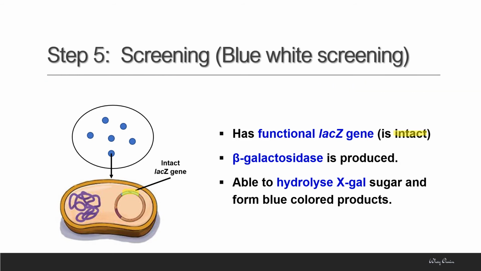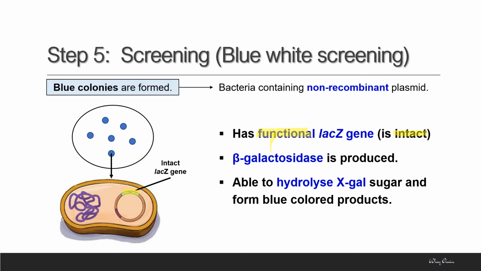So, the Z gene, we say it is functional because it can still undergo the process of transcription to produce the mRNA, and the mRNA will be translated to produce the protein, which is actually the enzyme beta-galactosidase.